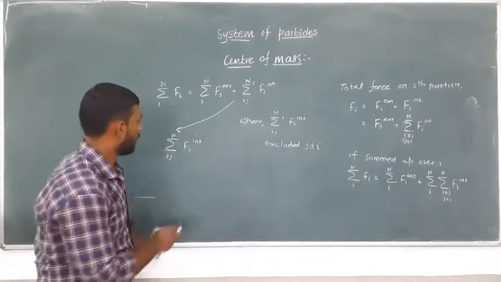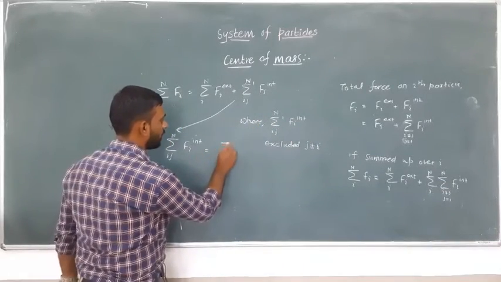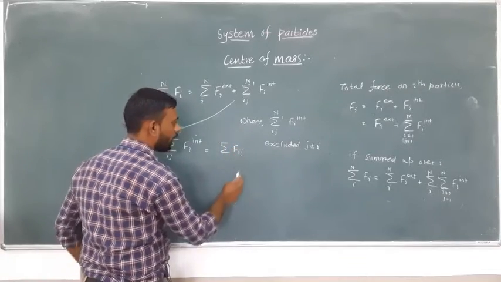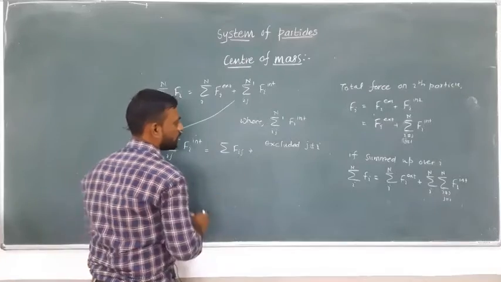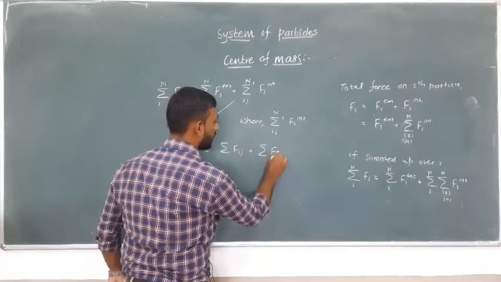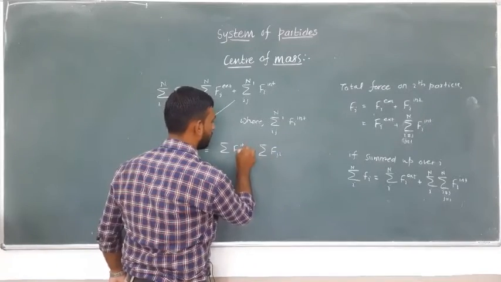So this can be written as the summation over Fij plus the summation over Fji internal.